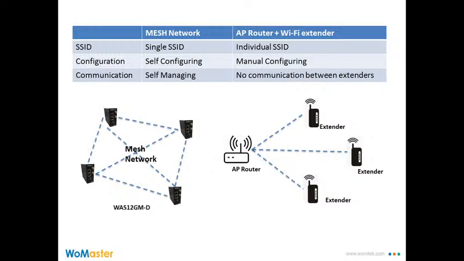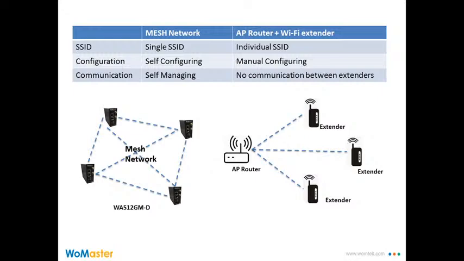For mesh network, users can use one SSID to cover the whole network, and this network can be configured and managed by itself. It's very easy and fast for users. We don't need to set up one by one.